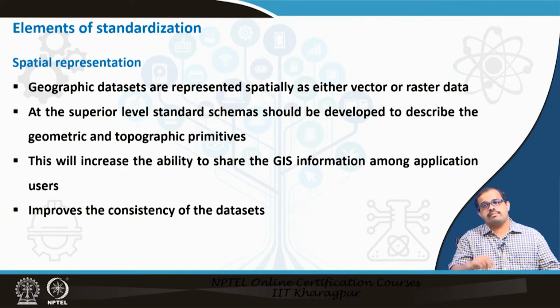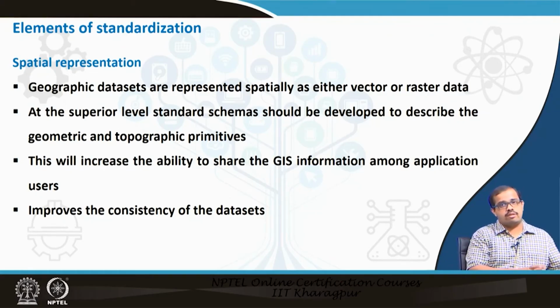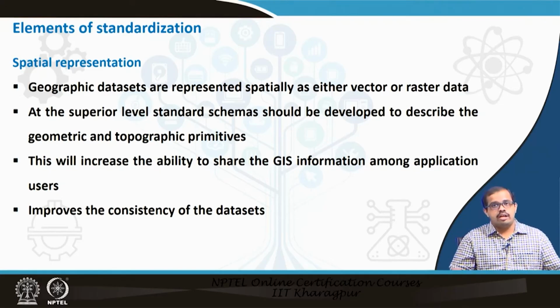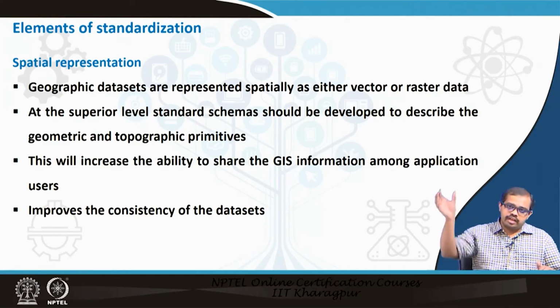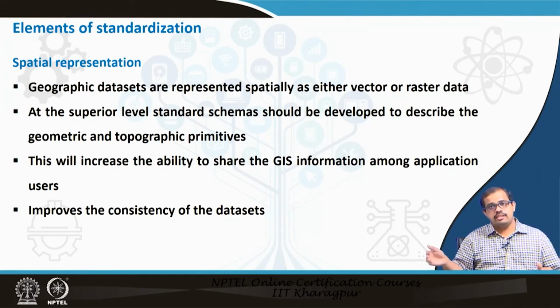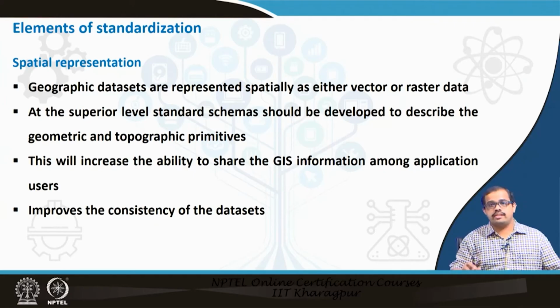Now, the spatial representation. Whenever you are looking at geographic data sets, these are represented spatially either in a vector data model or in a raster data model. A raster data model has pixels, and the way it is stored is in a number of rows and columns, whereas in vector data it is point, line and polygon. So, each has its own way of representation.